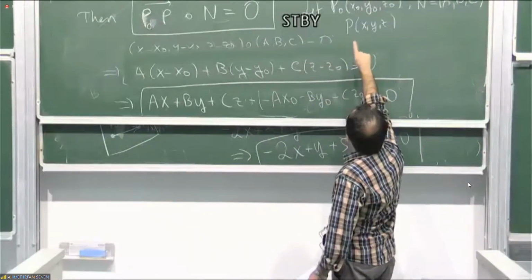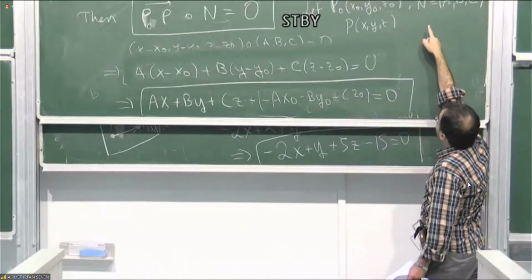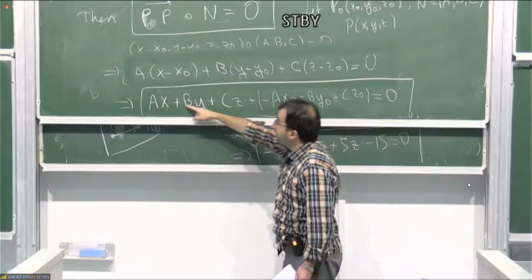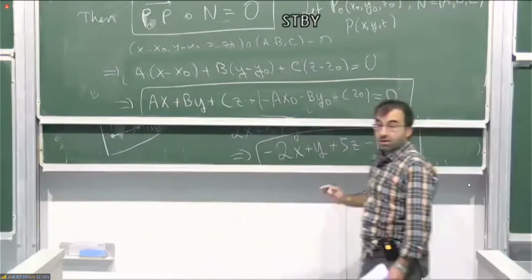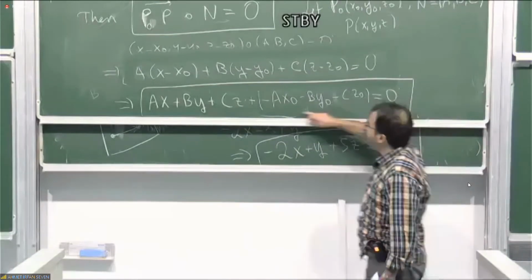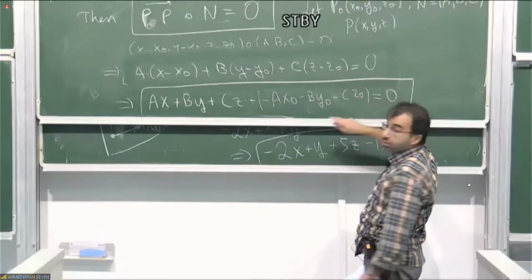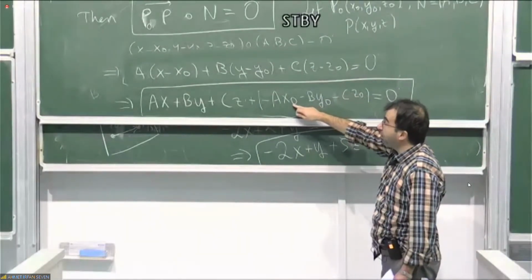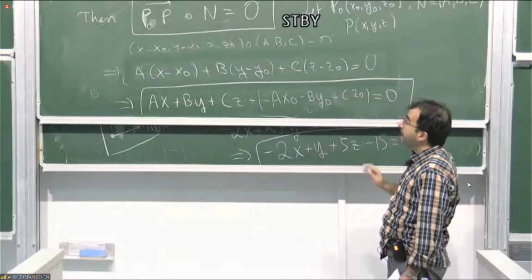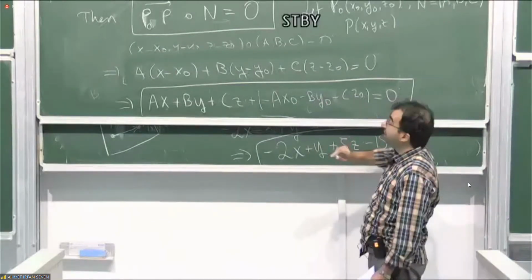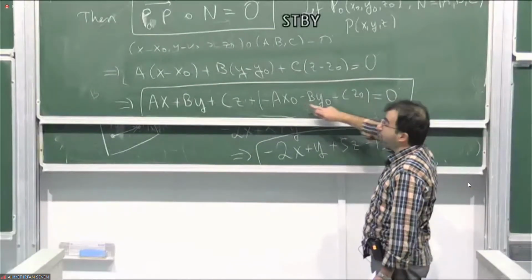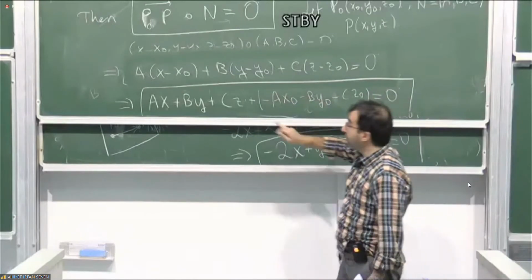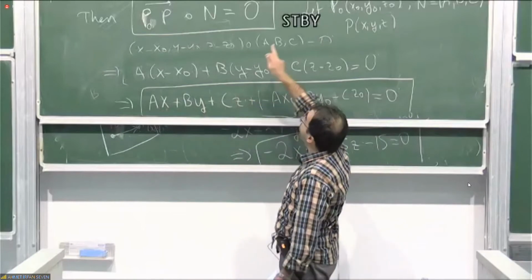Remember, A, B, C were components of the normal vector. So the numbers in front of x, y, z will always be components of the normal vector. And we will have some constant term. This constant term depends on A, B, C, and also on the point x0, y0, z0. So if we use a different point P0, this constant term will change. However, this normal vector will be the same if we use the same normal vector.